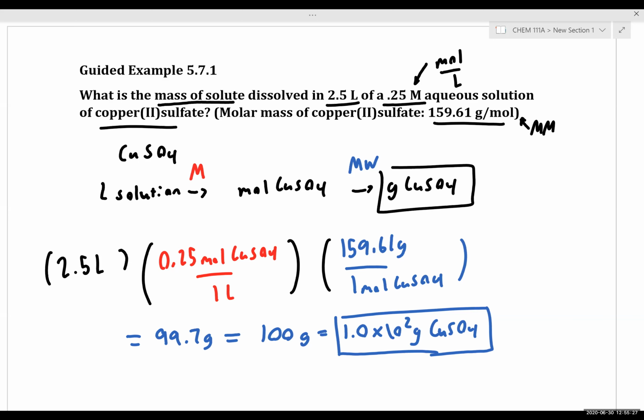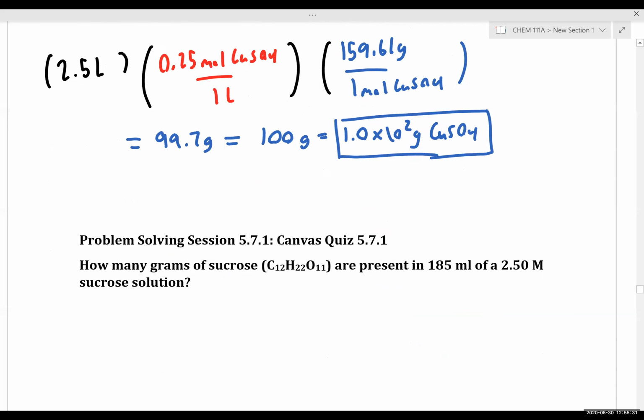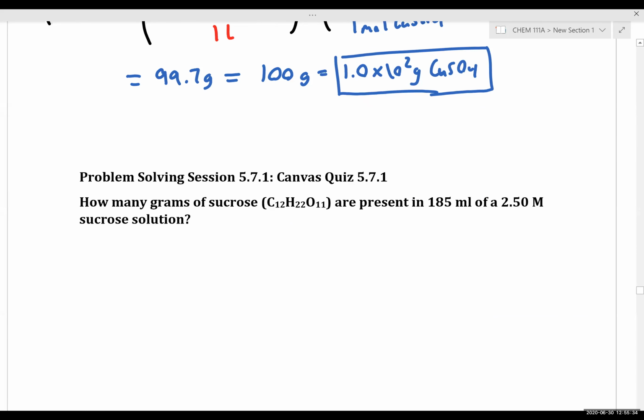Okay, so let's try to apply what we've learned to an example. So in this section, we're asked to figure out how many grams of sucrose are present in 185 milliliters of 2.5 molar sucrose solution.